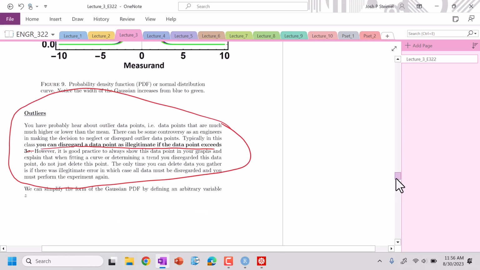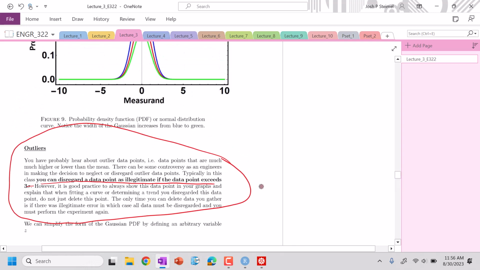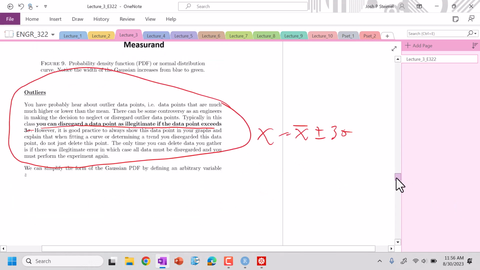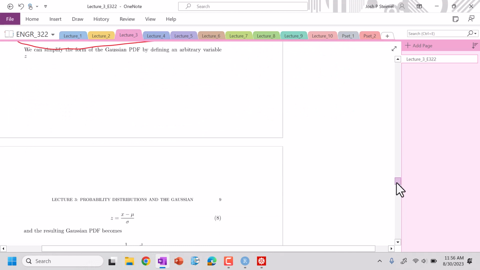If we have a measurand x that deviates beyond x bar plus or minus 3 sigma, then that measurand is an outlier. Technically it exceeds 3 sigma, but you can see that tipping point there.